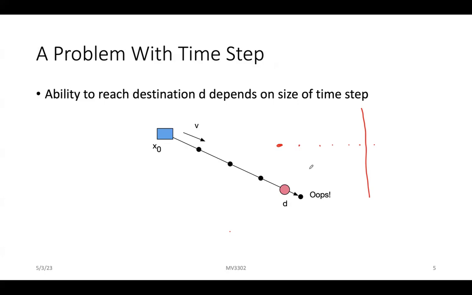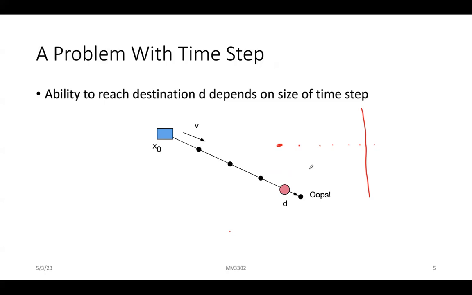Okay, so this is what not to do, and I won't harangue too much, I hope. It turns out that this is only the tip of the iceberg. In time step models, in very many situations, the size of the time step actually affects the results, sometimes only quantitatively, and sometimes qualitatively.